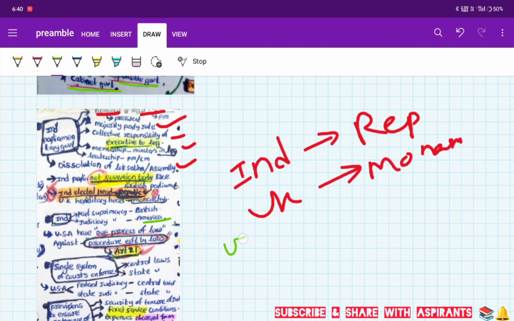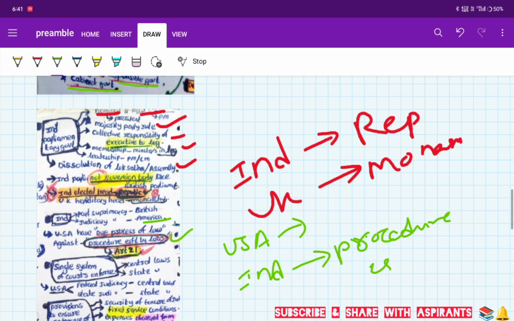The USA follows due process of law, and we are following procedure established by law under Article 21.